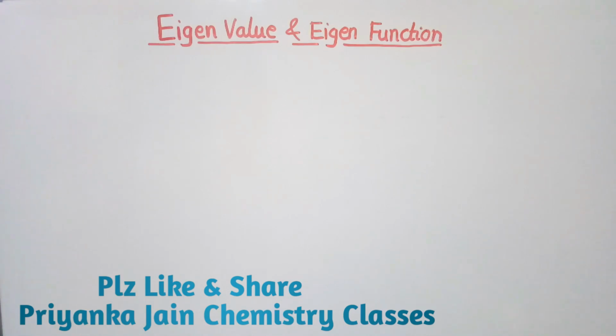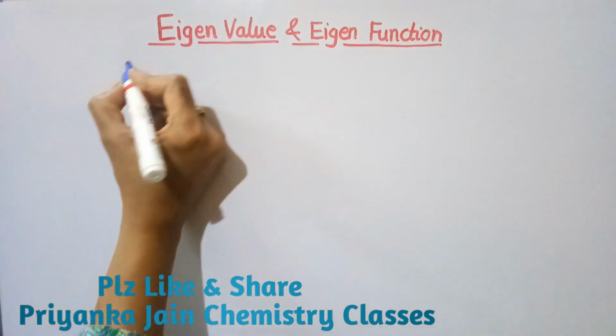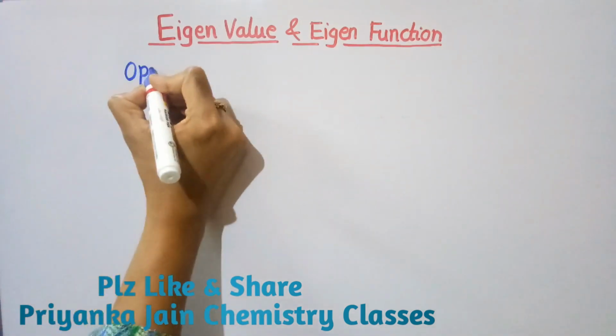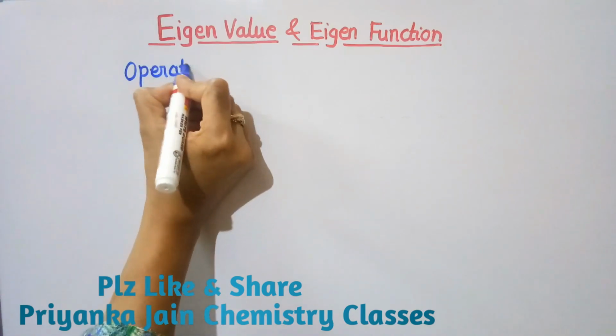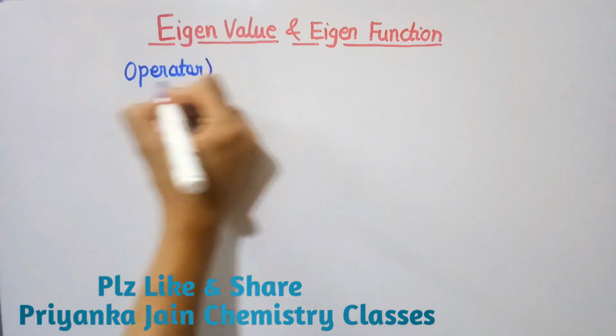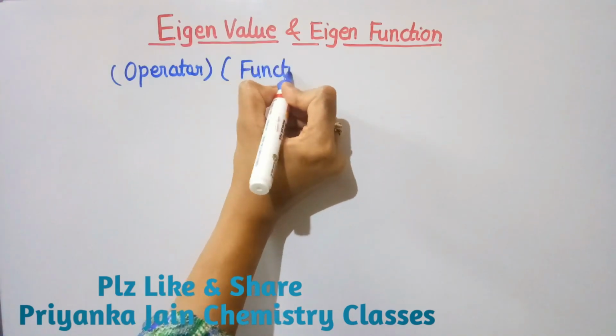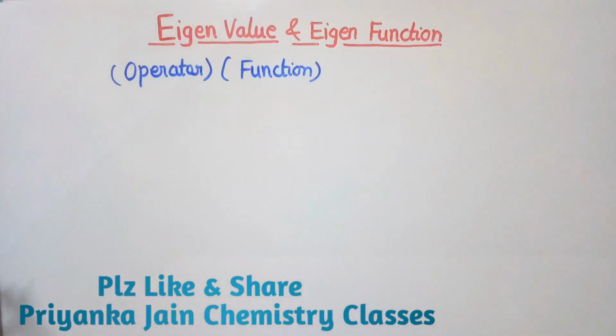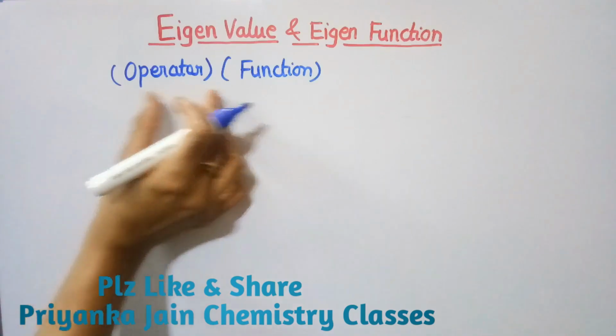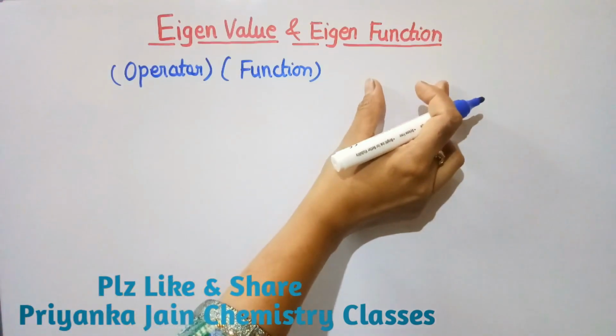In our previous lectures we have studied about the operators, commutators, etc. And in our video on the operator we have seen that the operator is applied on a function in this way. Whenever we apply this operator on a function, we get a definite value.